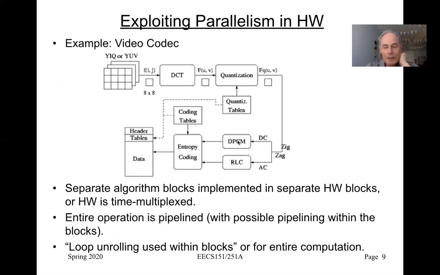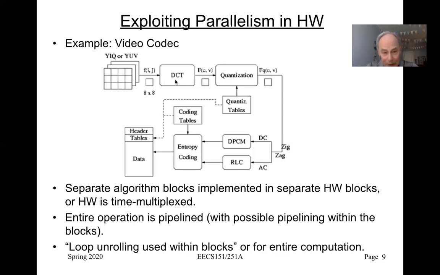In a hardware implementation, you could have dedicated hardware for each one of these blocks, so all the blocks could run in parallel. Or you could have a super block engine that could be time multiplexed to do the action of any of these blocks. The fully parallel one would be higher performance, with a higher frame rate, and more expensive. The time multiplexed one would be cheaper, but with lower performance.